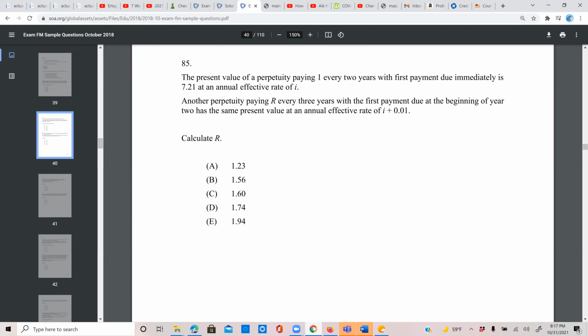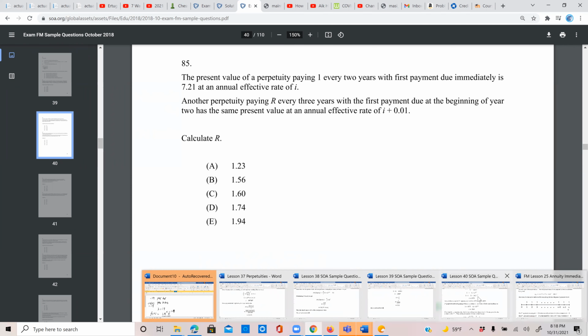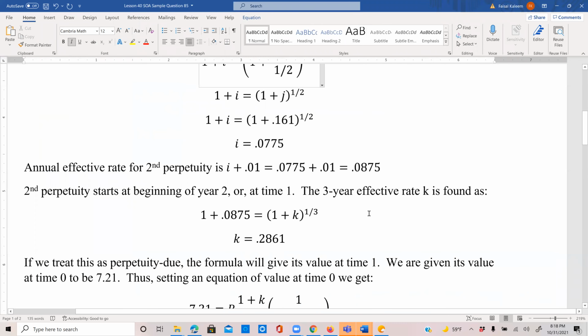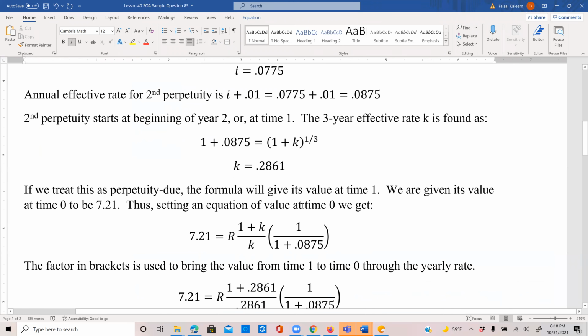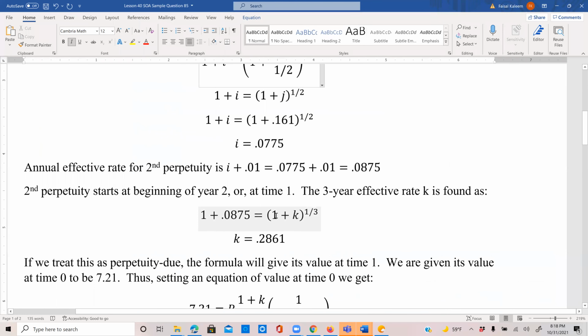And therefore, if we use the perpetuity due formula for the second one, here the payment is R, and this is happening every 3 years. So let's go back to our problem. If we let K be the 3-year effective rate, it can be found by 1 plus the annual effective rate equals (1 plus K) to the power 1/3.